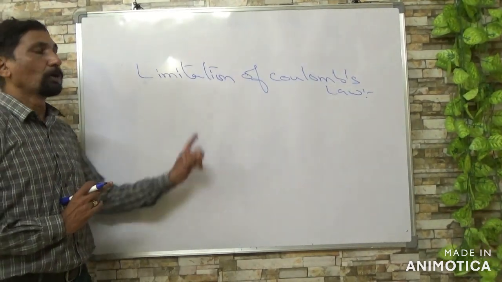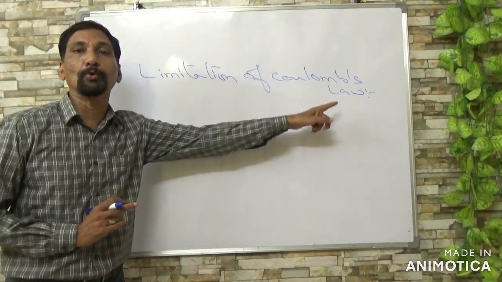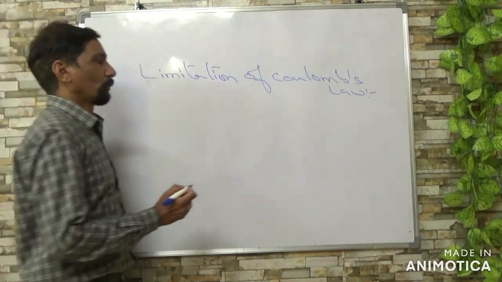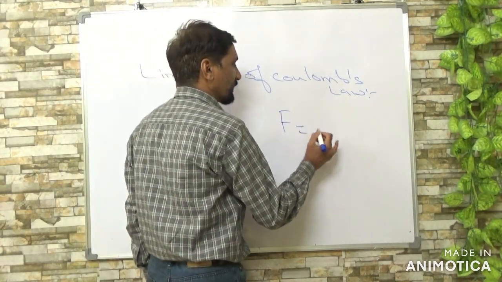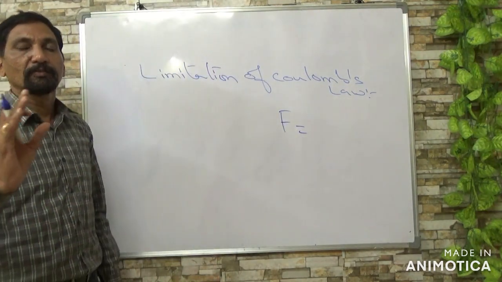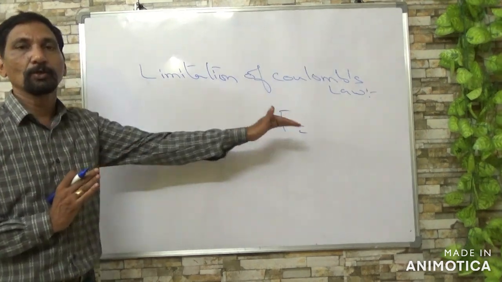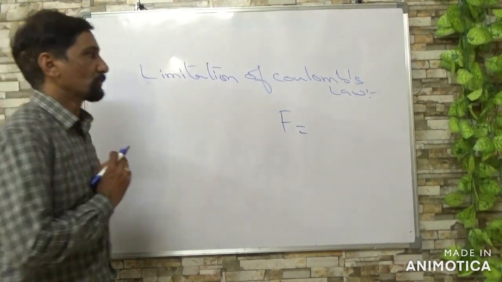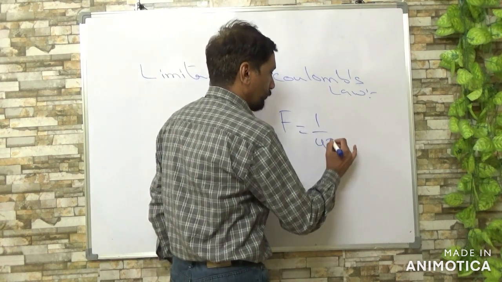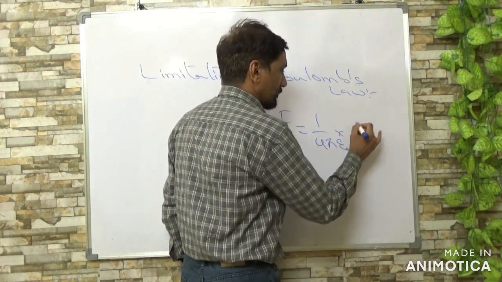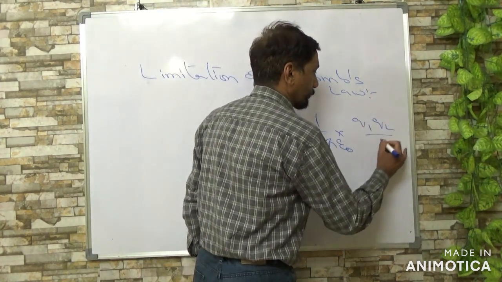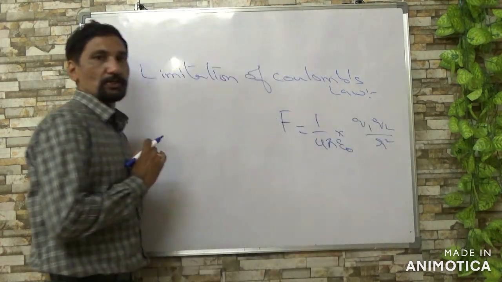Now about the limitation of Coulomb's law. You already know the force between 2 point charges can be found by using Coulomb's law, that is 1 by 4 pi epsilon naught, Q1 Q2 by R square.